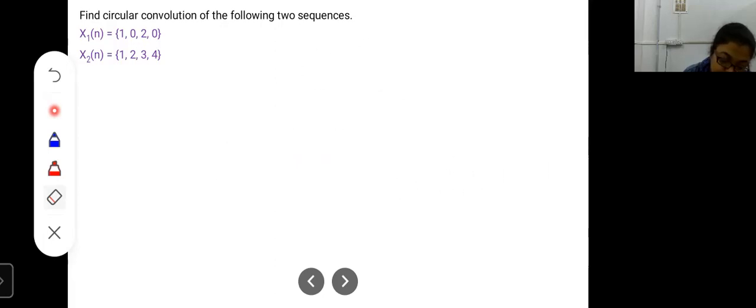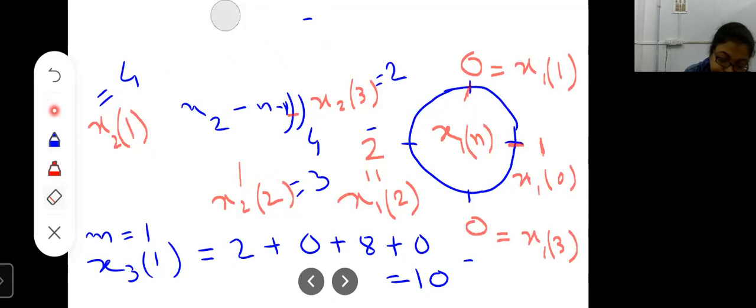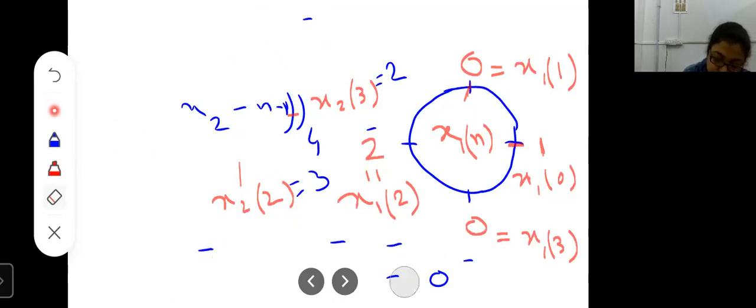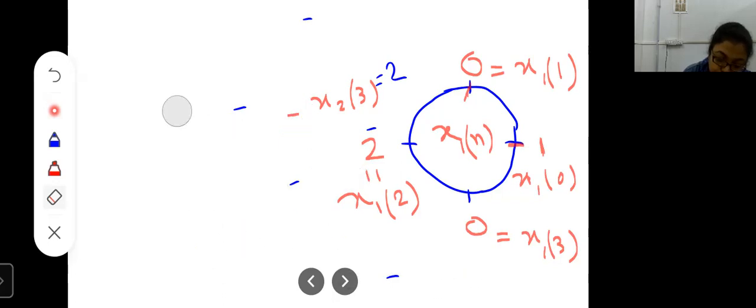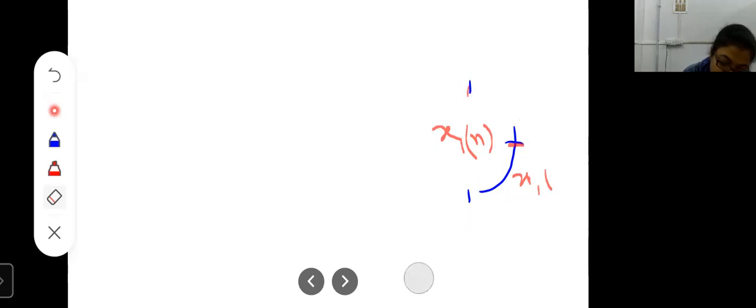So concentric method means here you have to draw two circles first. Here I am showing you. First draw two concentric circles, and the points are one x1(n) and the other x2(n). Now after that you can apply the concept of convolution or circular convolution.